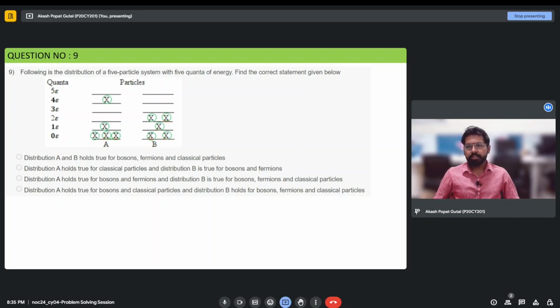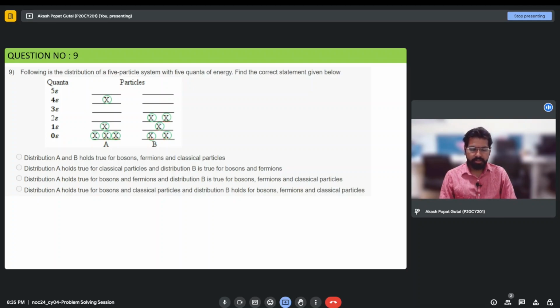So the first statement is: distributions A and B hold true for bosons, fermions, and classical particles. If you see, in A we have three particles in the ground state, and in B we have two particles in the ground state, which is true for bosons, it's right.